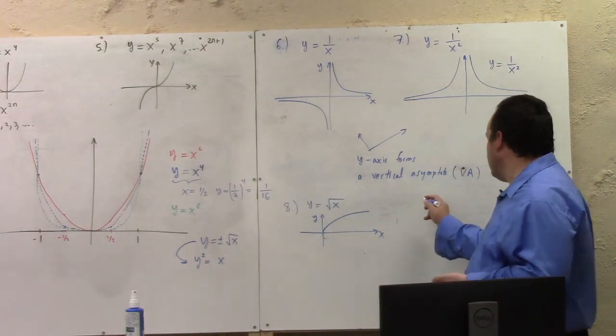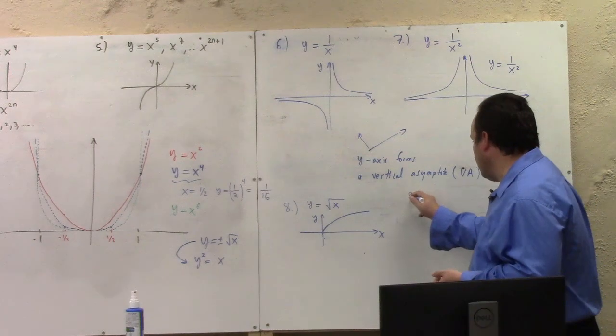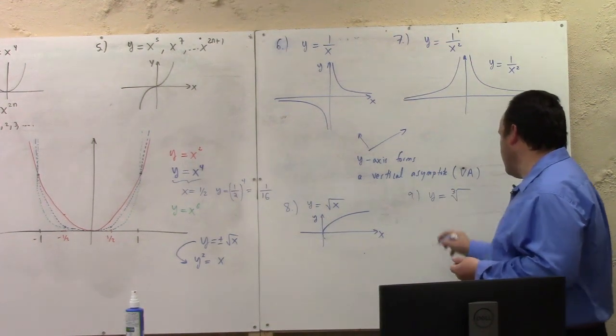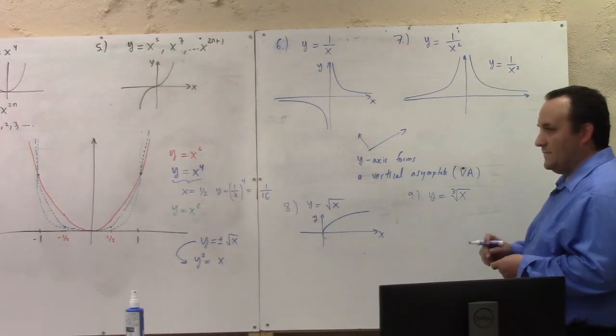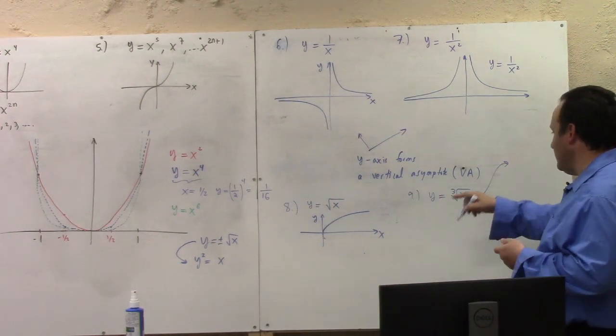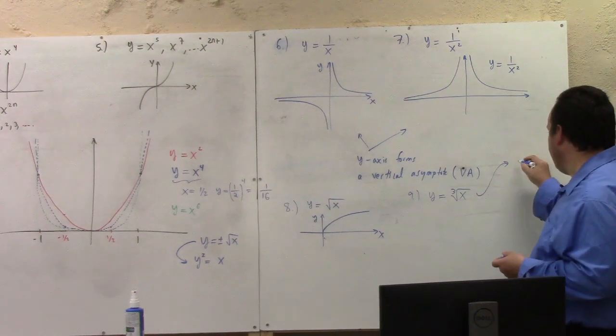And then finally, y equals the cube root of x is something we come across from time to time. A quick way to understand what that is is to do a little bit of algebra. Cube both sides, what do you get?